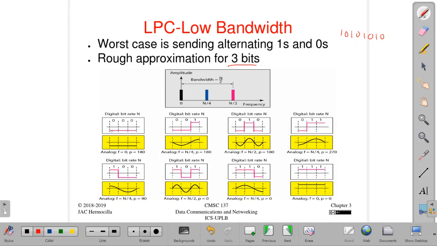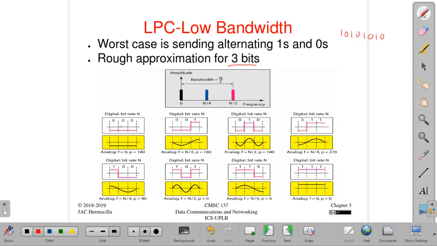So the idea is to approximate the digital signal with the corresponding analog signal by using different properties of the analog signal.